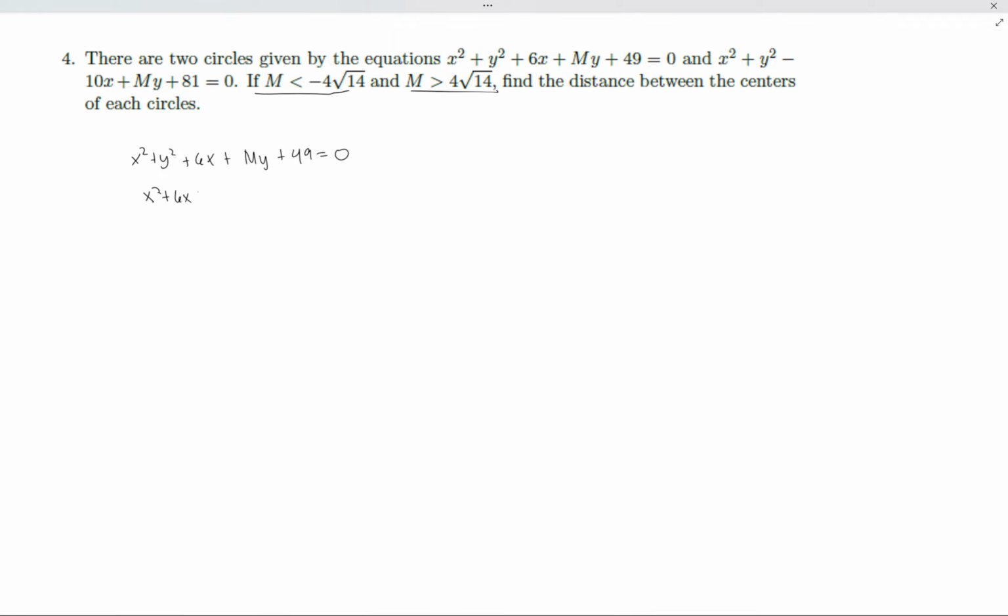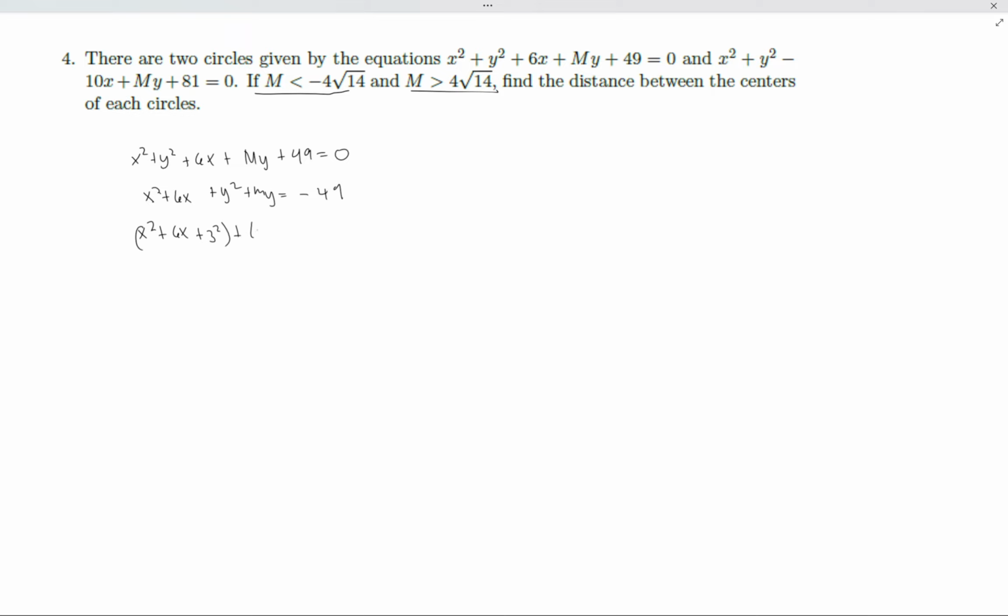Now, I have y squared plus my, and put negative 49 on the other side. We figure out what we need to add to each of the terms. I'll add here x squared plus 6x, and then 6 divided by 2, that is 3. So therefore, I'll need to add 3 squared.